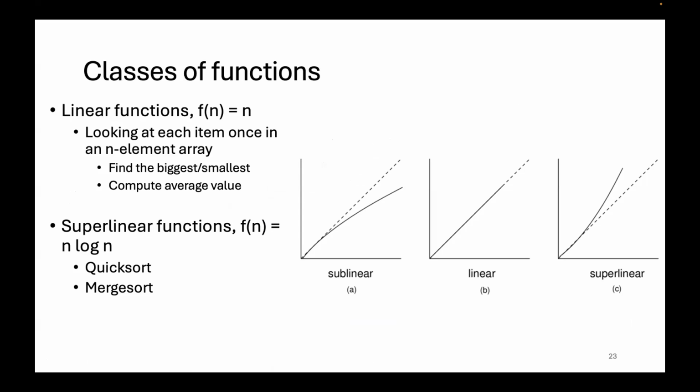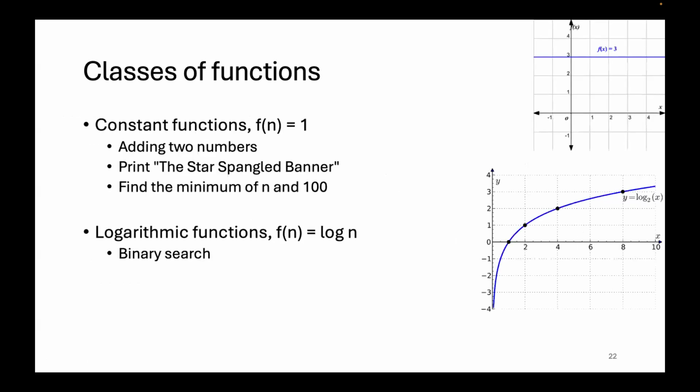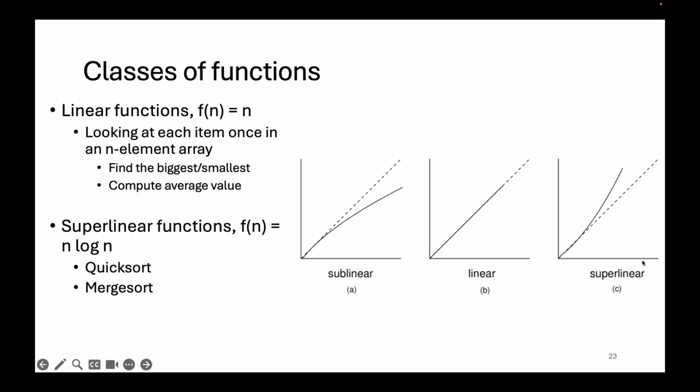The worst case is we look at every single thing until we find what we're looking for. And then we've got superlinear functions, which is n times log n. So it will angle up. Sublinear is log n, where we're leveling out at some point. Superlinear functions like n log n include quicksort and merge sort.